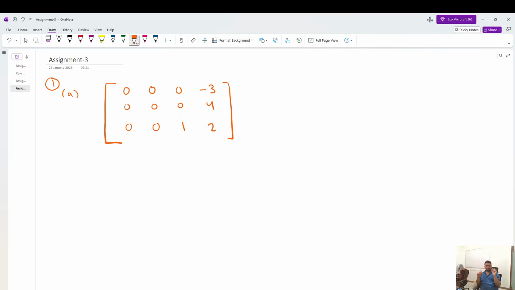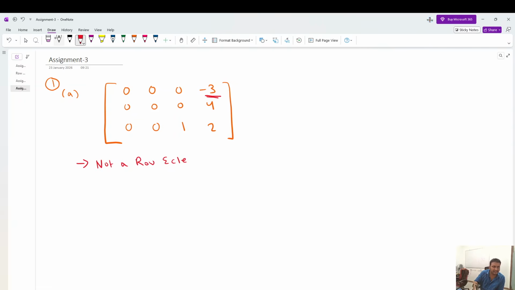So you directly go to the first row of the matrix and see the first non-zero entry. What is the first non-zero entry? This. And below this, you make everything zero, right? Is it the case here?